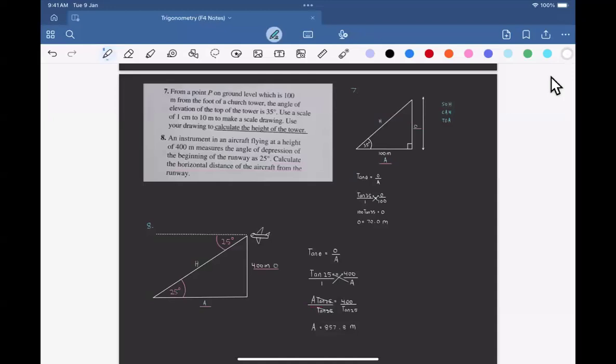Wait, the 36 meters works for the two diagrams. Yep.